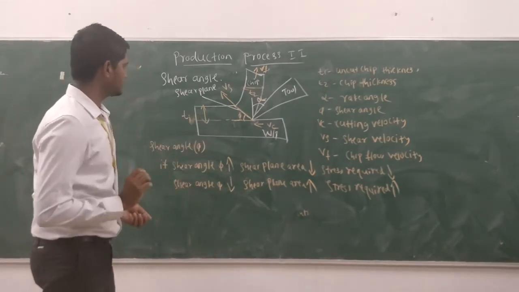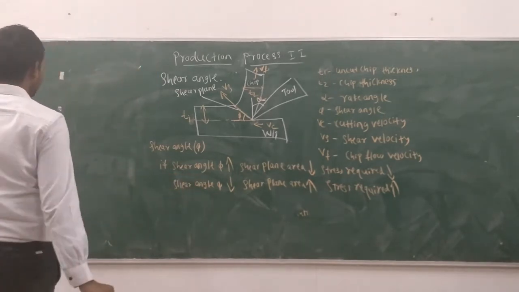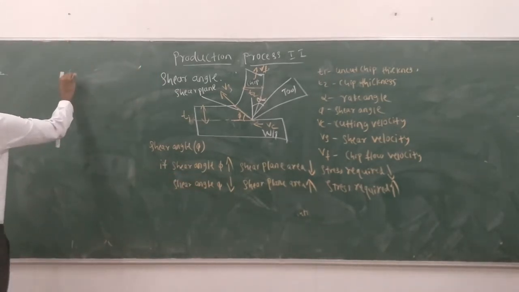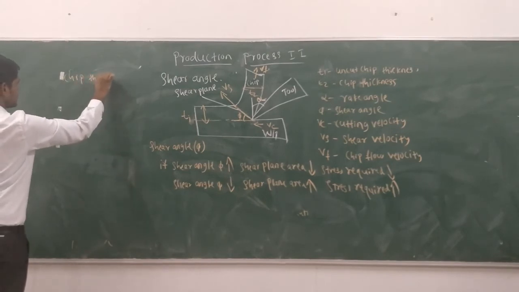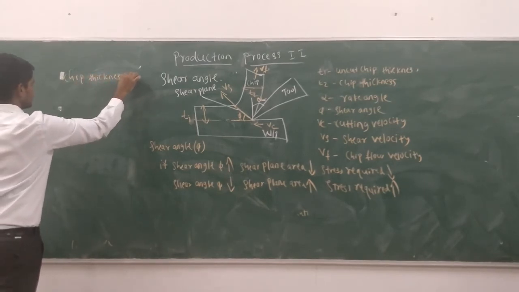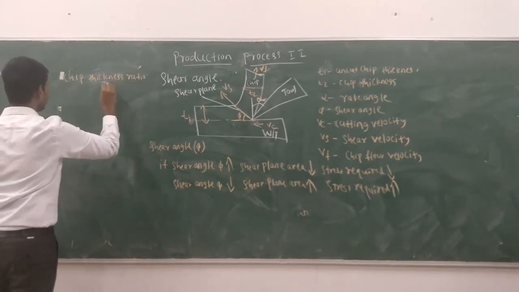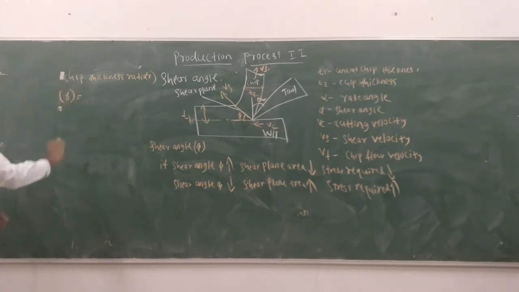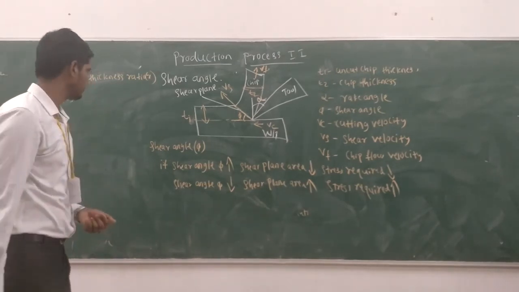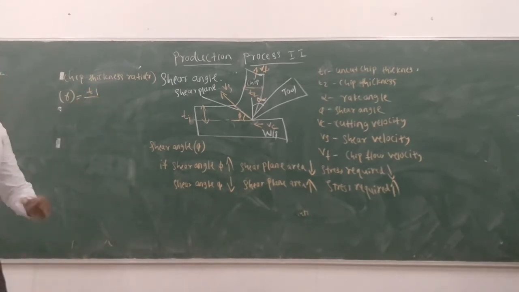Now another concept is the chip thickness ratio. It is also indicated by r. It is the ratio of uncut chip thickness, that is T1, divided by the chip thickness.